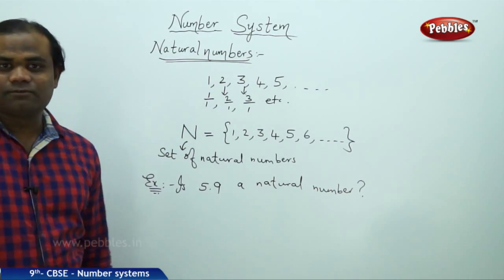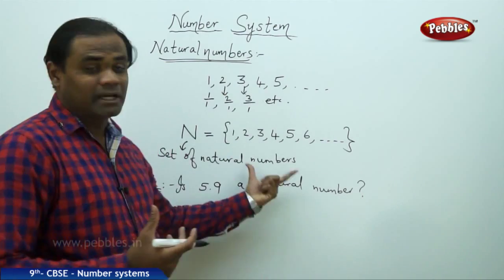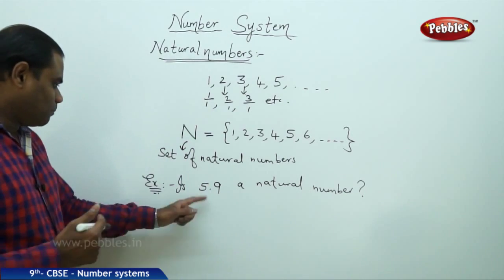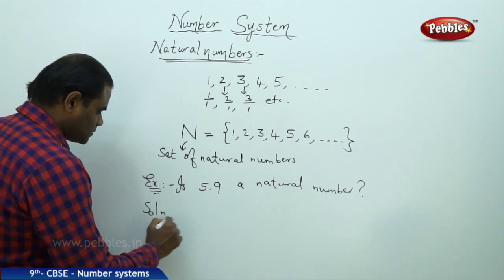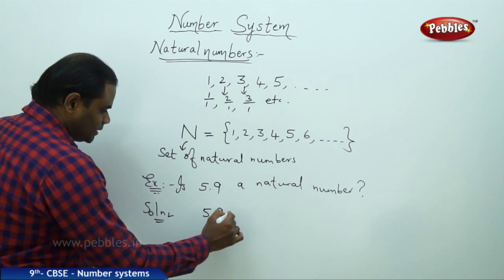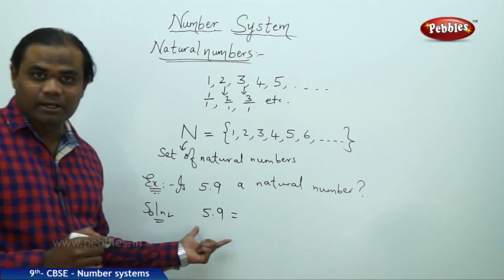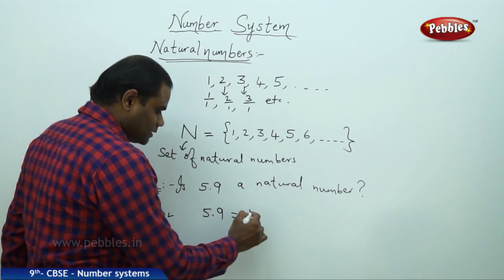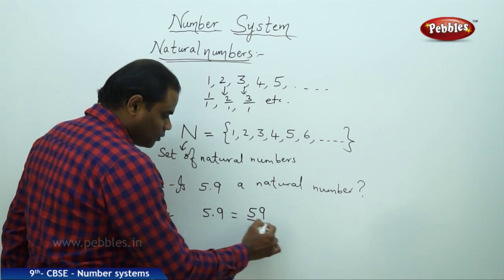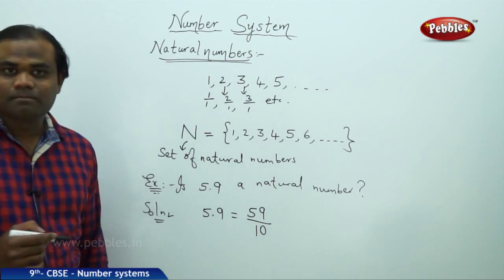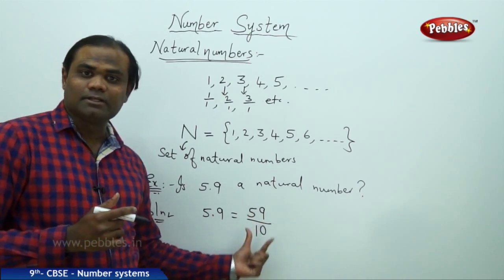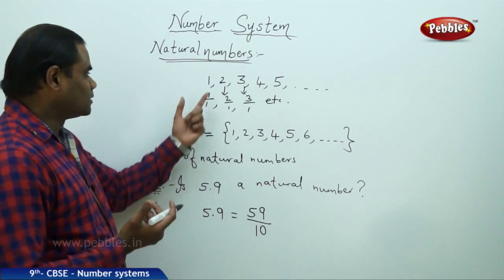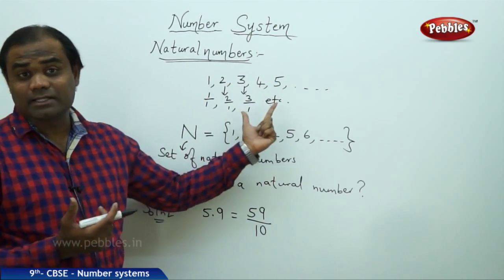Now let's see the answer for this question using the basic definition as we have learnt in the previous session of natural numbers. Now 5.9, if I write this down here, I understand that it is a decimal number to the approximation of one decimal place, and this in turn can be written in the non-decimal form as 59 over 10. So 5.9 indirectly can be written as 59 over 10, which breaks the rule of a natural number because the natural numbers accept only the denominator as 1.